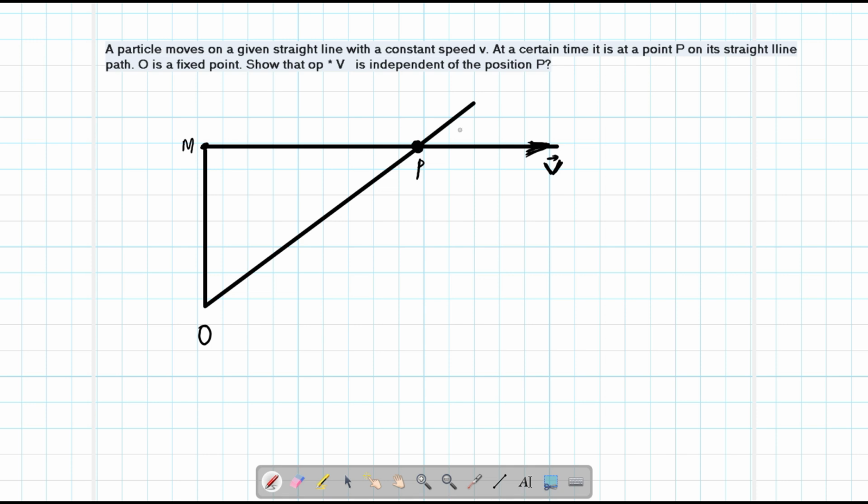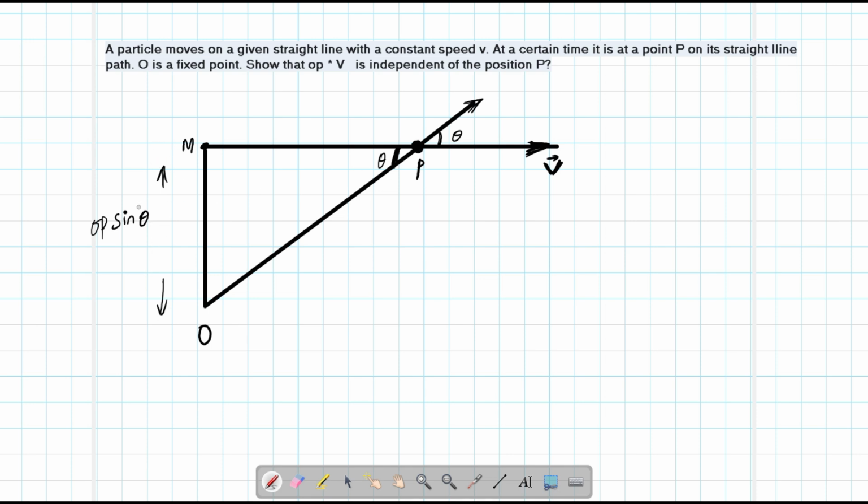Suppose this is the vector OP. It makes an angle theta with the line, so that OP cross v is independent of the position of P. As this is OP and this is theta, this facing component is OP sin theta.